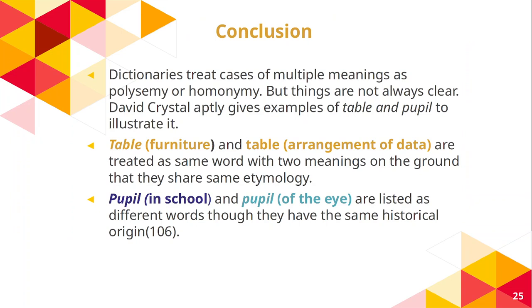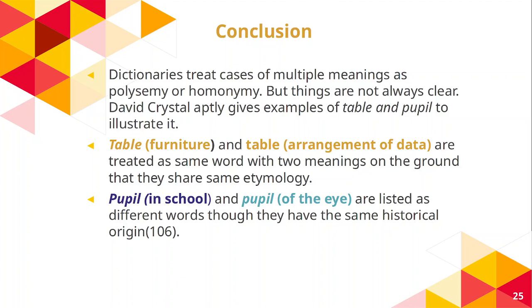To come to a conclusion, we can say that dictionaries treat cases of multiple meanings as polysemy or homonymy. But it is not always very clear.